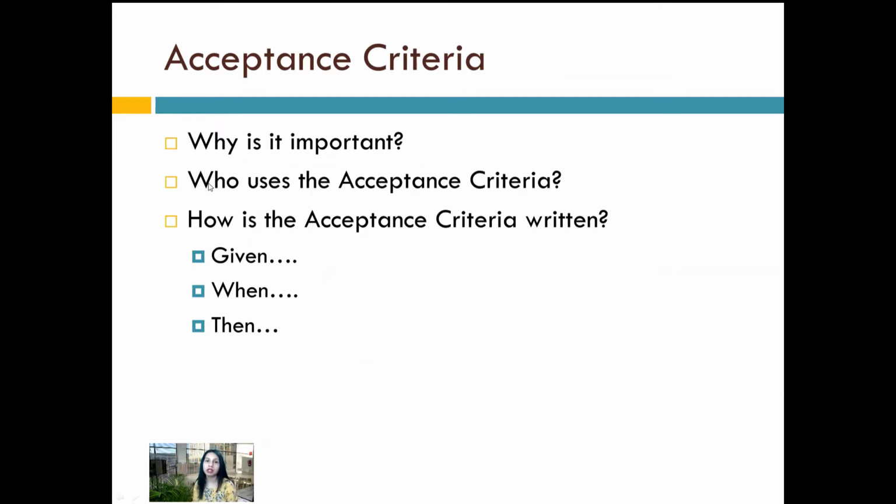It's important because when we add lots of detail around what it is that the user is expecting to see, we're giving our developers and our QA folks, along with our UX designers, the ability to work towards completing that functionality completely, right? So who uses it? The acceptance criteria is used by a developer so they know what it is that they'll be coding and what the level of effort will be for this user story, right?